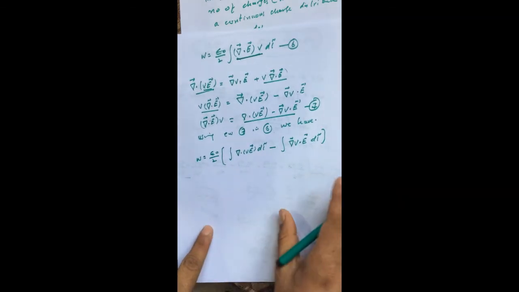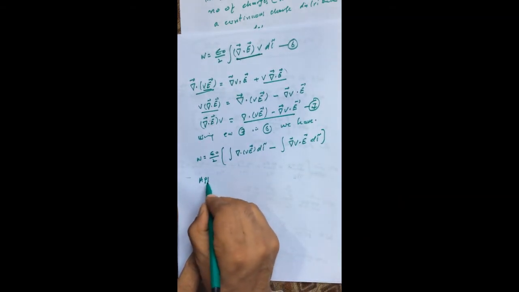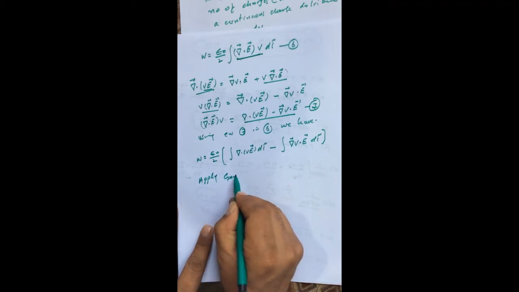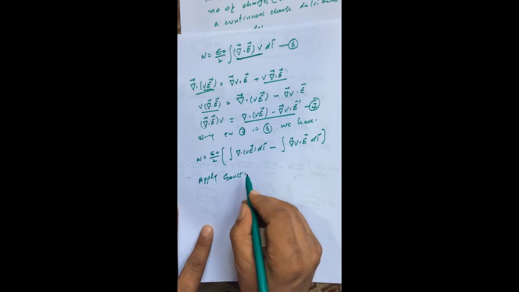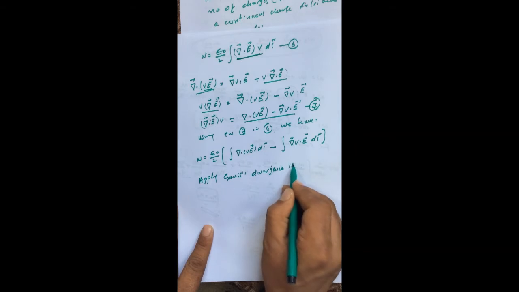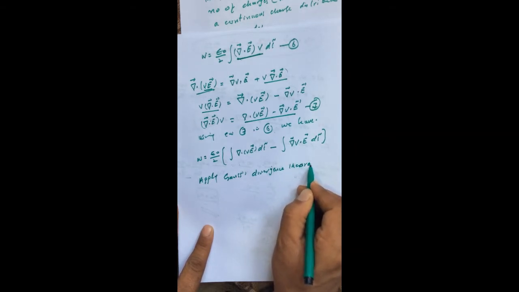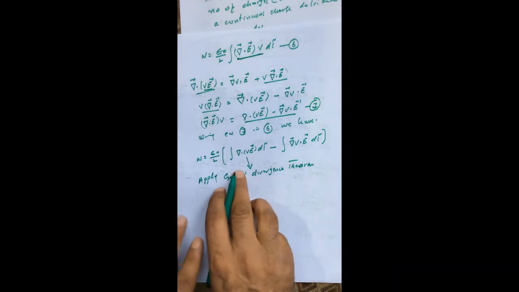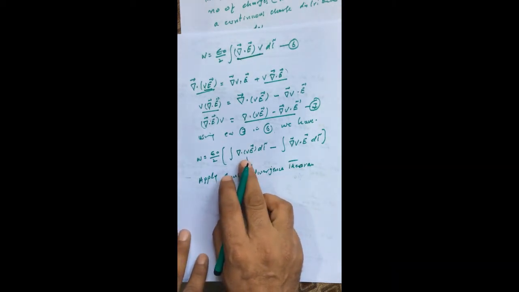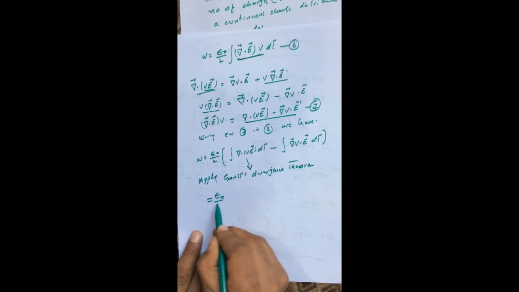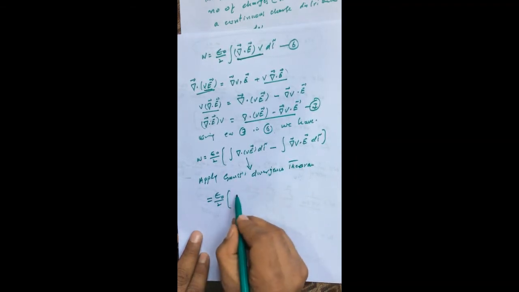Now apply Gauss divergence theorem to this first term here. This is the volume integral, and the volume integral of the divergence of some vector quantity can be replaced by a surface integral according to Gauss's theorem.